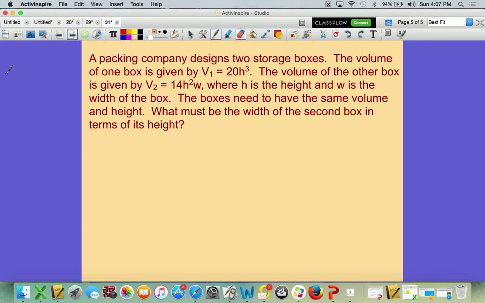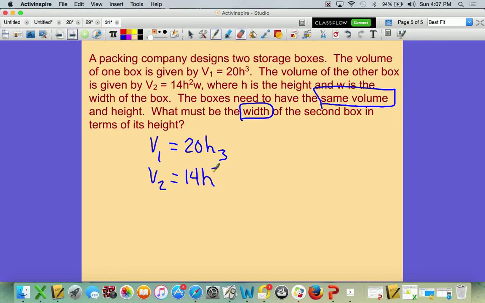So, what must be the width? That means we need to solve for width here. But an important thing is, the boxes need to have the same volume. So we know that the volume of the first box equals 20h cubed, volume of the second box equals 14h squared w.